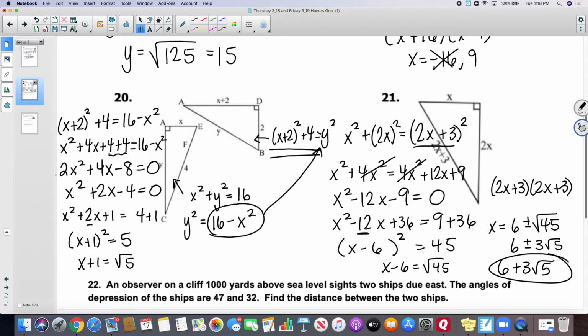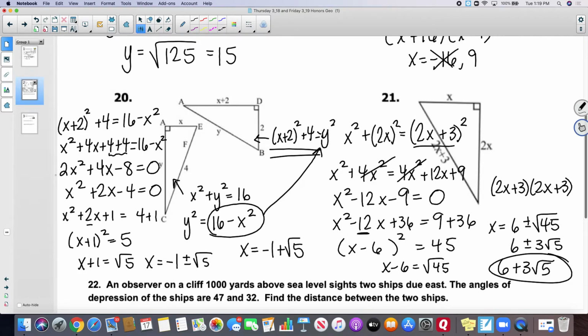We're going to take the square root of both sides. So that's going to be x equals negative 1 plus or minus the square root of 5. Now, x can't equal a negative number, so we're not going to be able to have negative 1 minus the square root of 5. So x is only going to equal negative 1 plus the square root of 5, so that it will be a positive value.